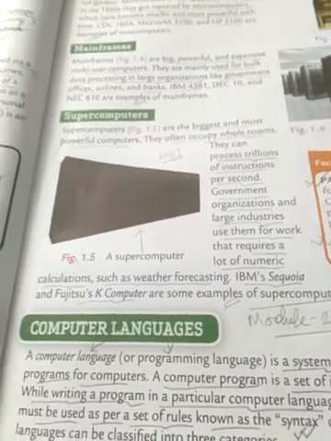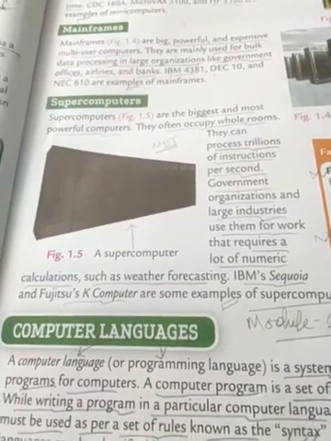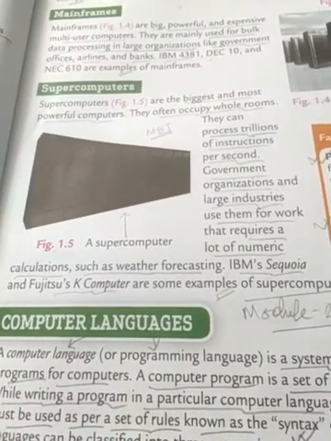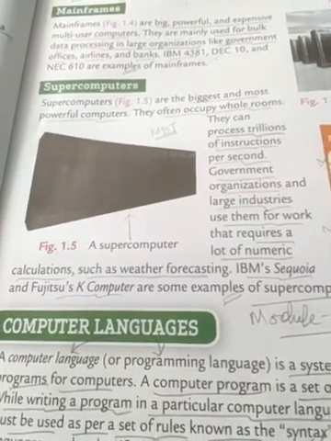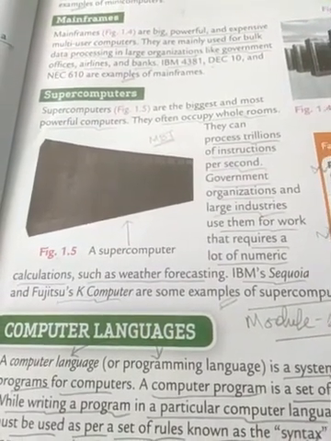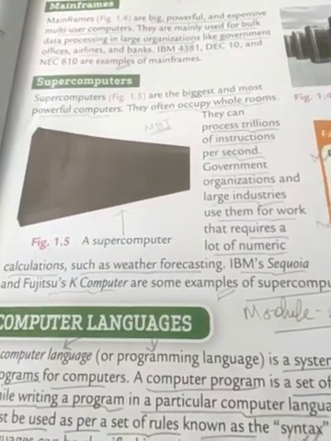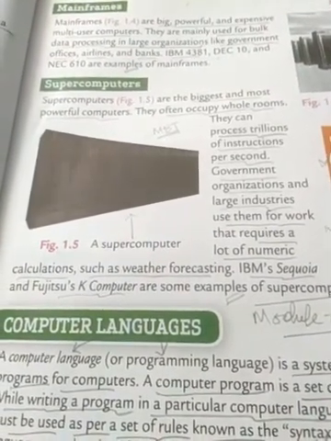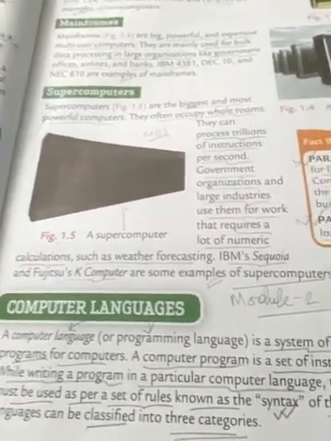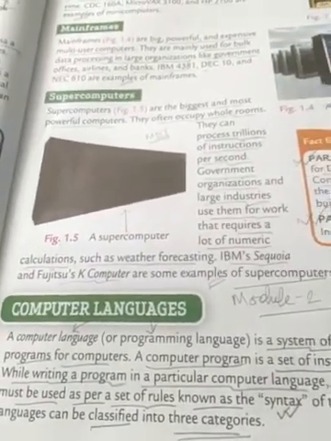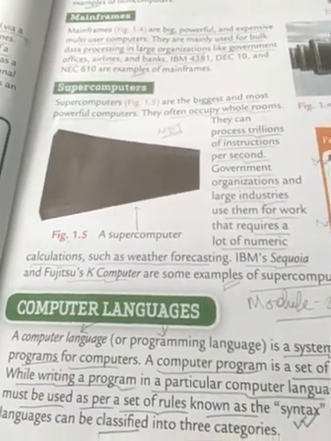They have a definite specification, and that is they can process trillions and trillions of informations or instructions per second. That's why the government organizations and the large industries use this type of supercomputers for their work.